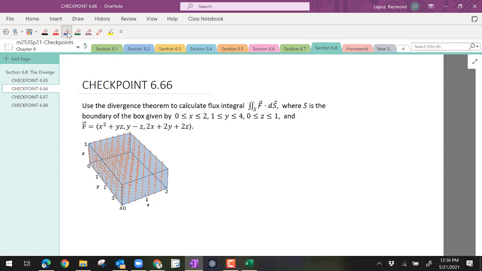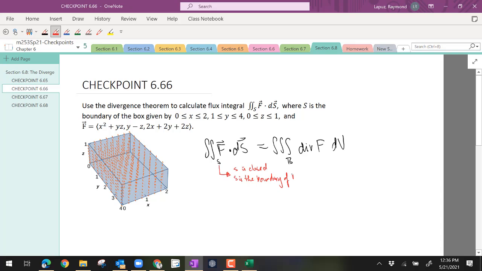The divergence theorem tells us that the flux of a vector field over a surface S is actually equal to the triple integral of the div of F dv over some solid B, where B is the solid that's enclosed by this surface S. So a few things to note: that S has to be closed, and S is the boundary of B, and B is a solid, S is enclosing it.